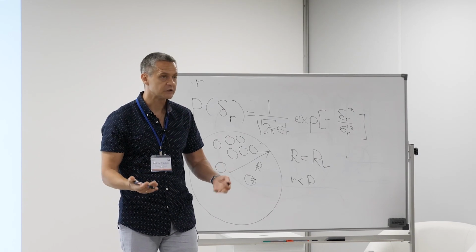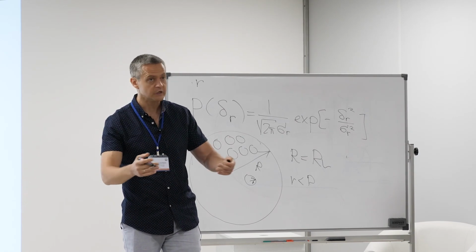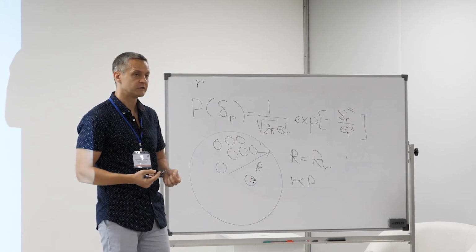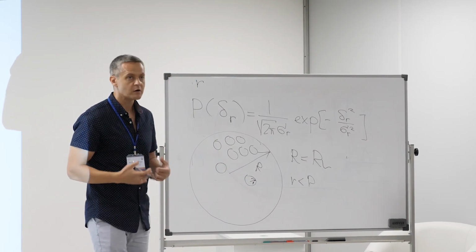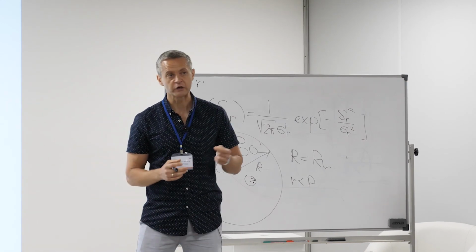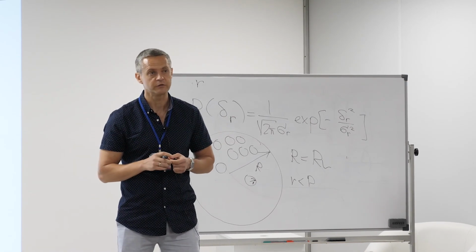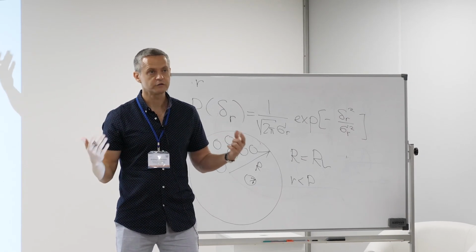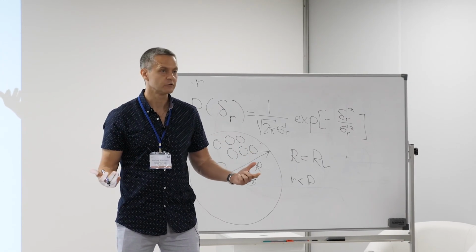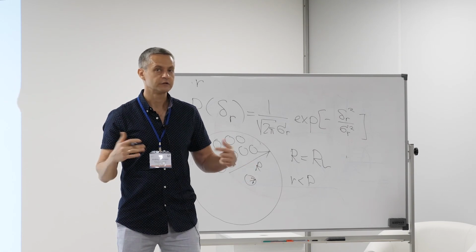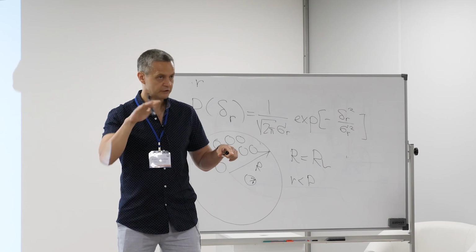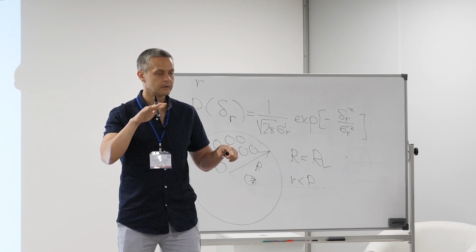People have tried to explore how different the evolution would be, and in principle the differences could be detected observationally. But so far, all the data, most importantly the temperature fluctuations in the CMB, do not show any evidence of non-Gaussianity. So the simplest assumption, that initial perturbations are Gaussian, seems to be correct. Was that your question? Yes. Okay.